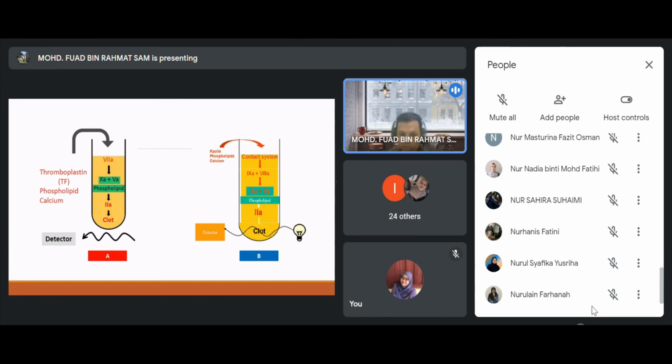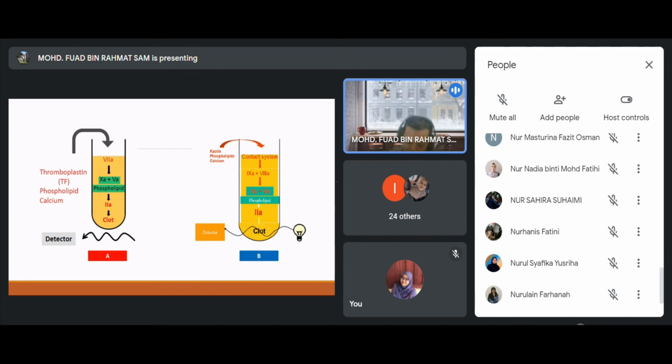Yang A tu untuk measure apa, Hanis? Hanis tak ada?